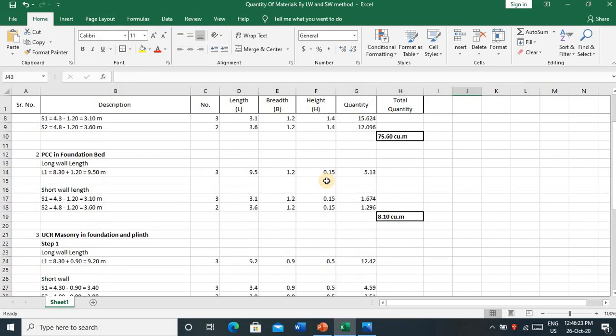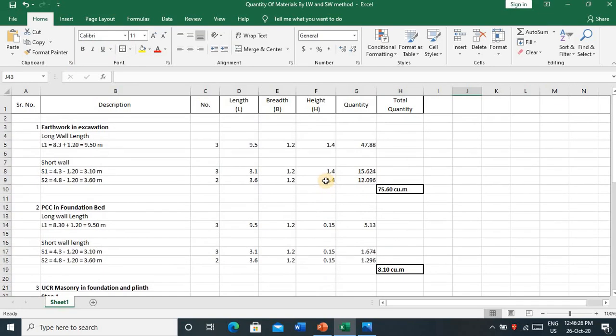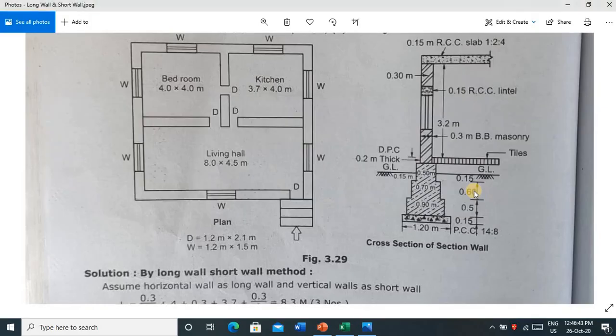In the final exam, if your exam is in normal mode, that is pen and paper method, you will be asked to calculate 4 to 5 quantities, and the total marks allotted will be 16 marks for this question. One plan like this will be given, cross section will be given, all the details will be here, room details will be in plan, and you need to calculate 4 or 5 quantities, and each quantity will give you 4 marks.